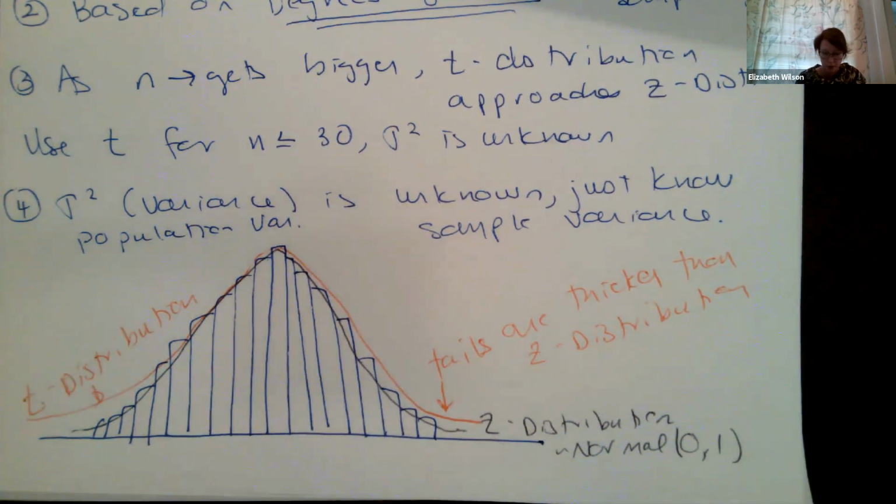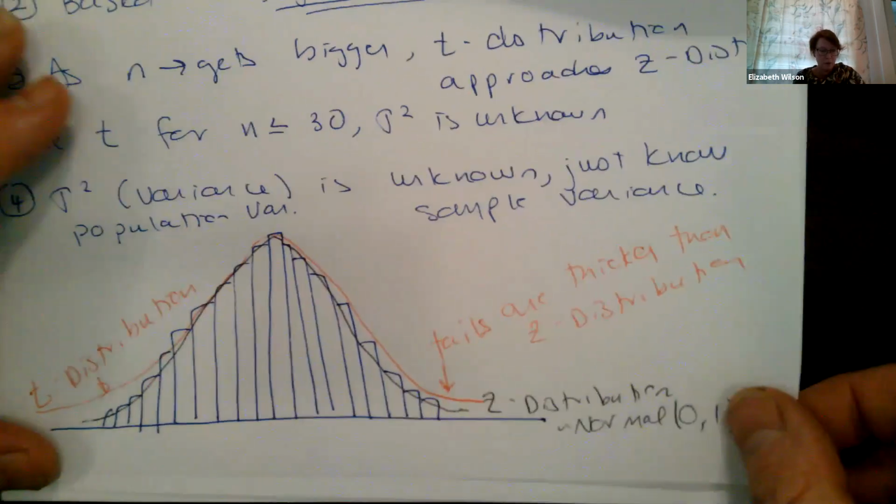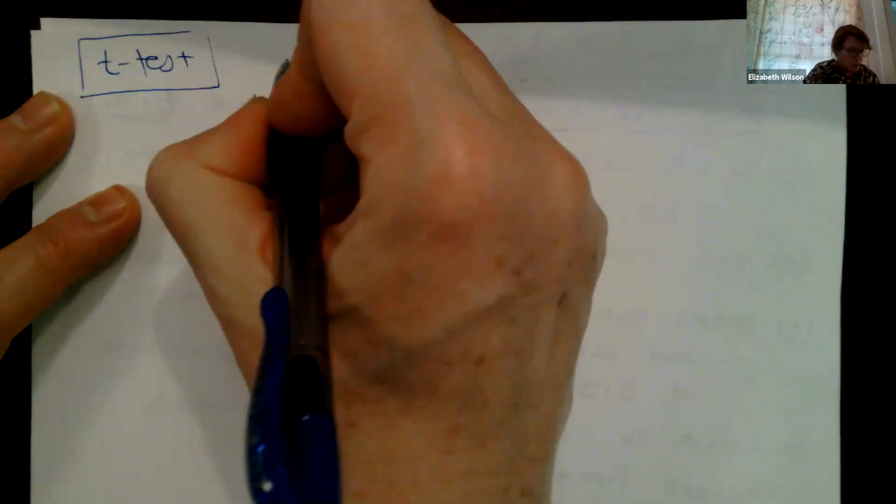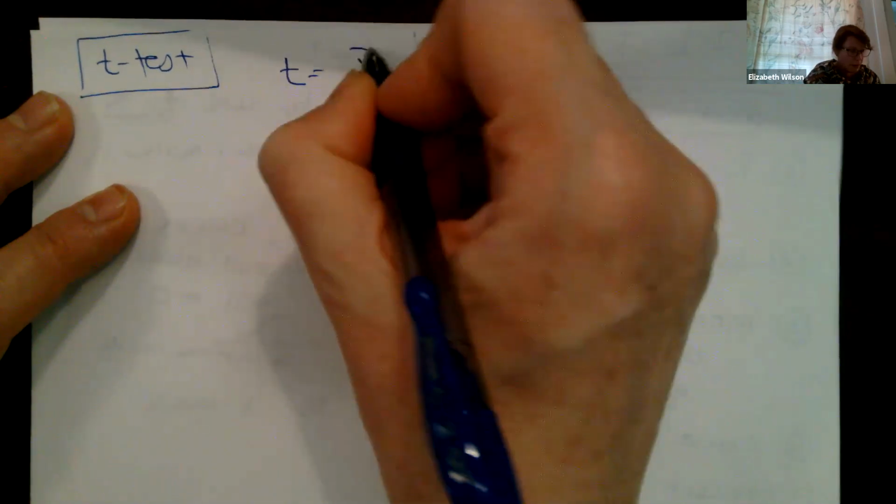So let's write down what our formula is for it. It's going to be really similar. You'll recognize lots of it, like this general shape of it. Okay, so in terms of our t-test, our formula looks like this. t is equal to x bar minus mu over s over radical n.